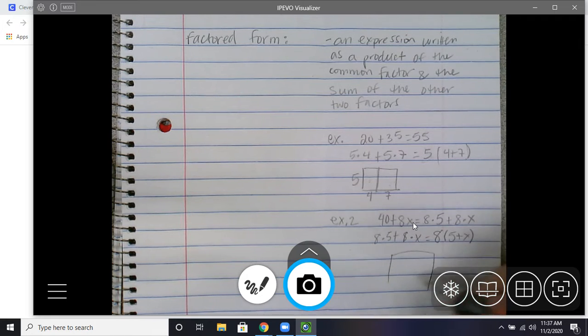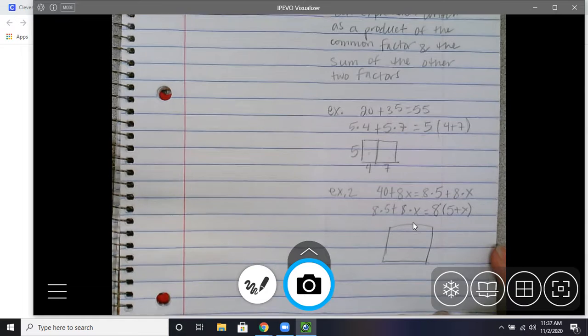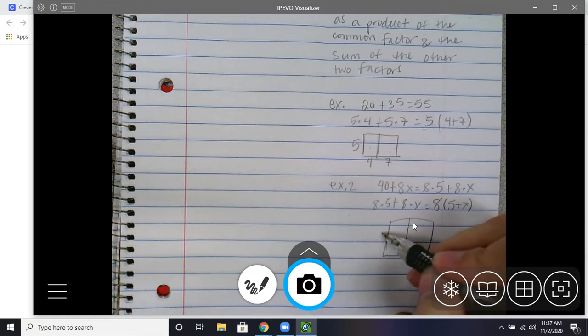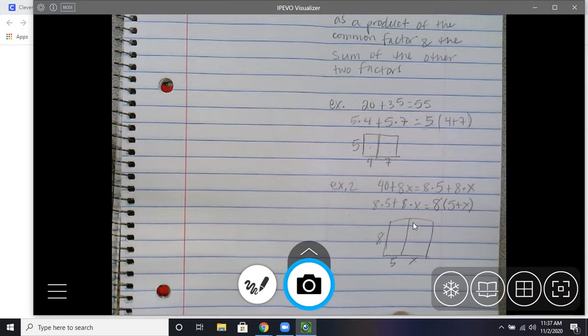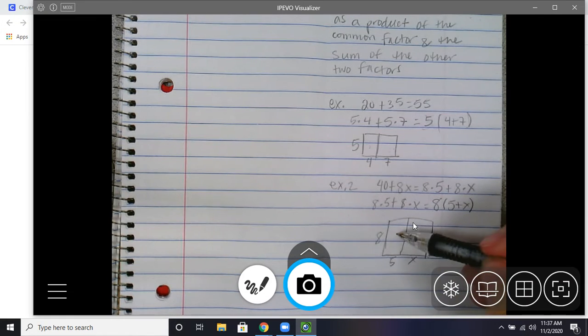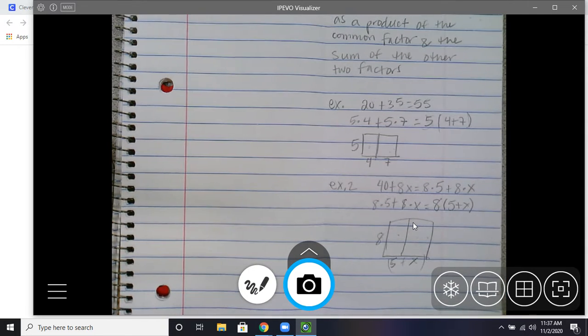And then my beautiful rectangle divided up, number in common, and then side lengths. So 8 times 5 is 40. 8 times x is 8x. 8 times 5 plus x. So that's basically the whole point of distributive property.